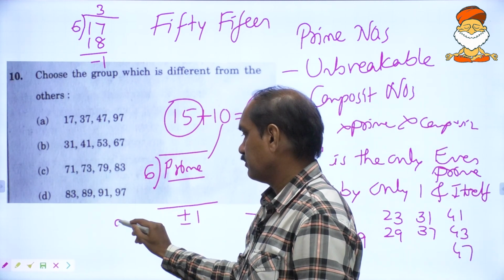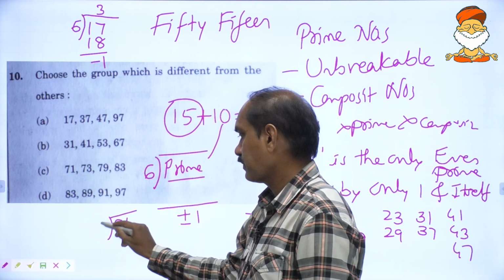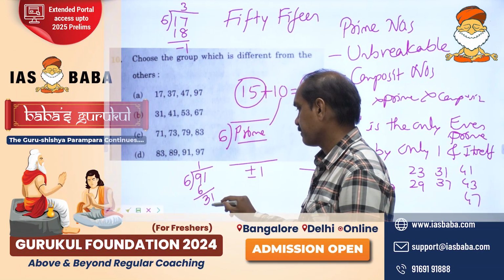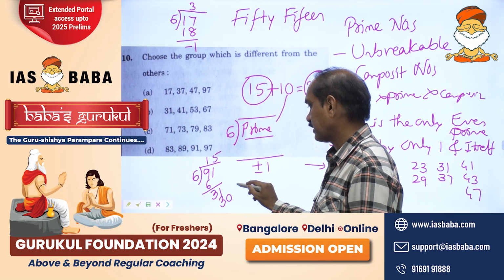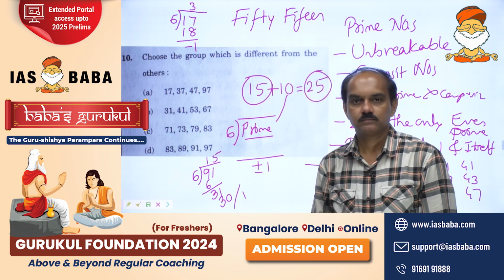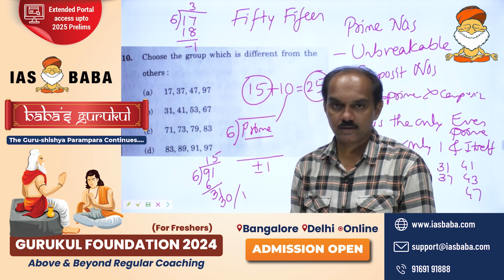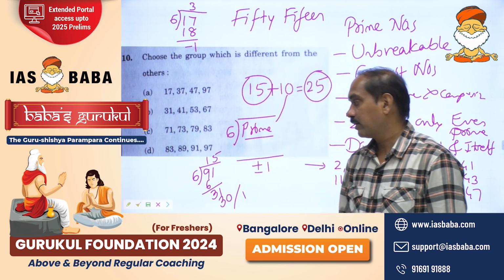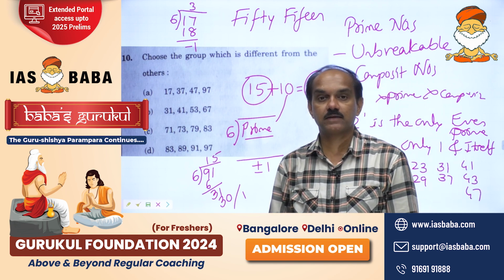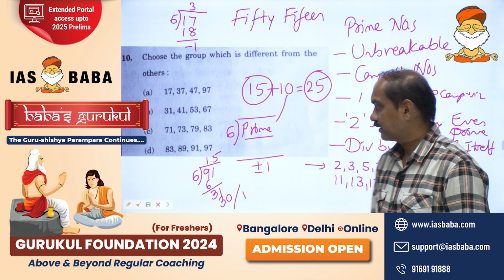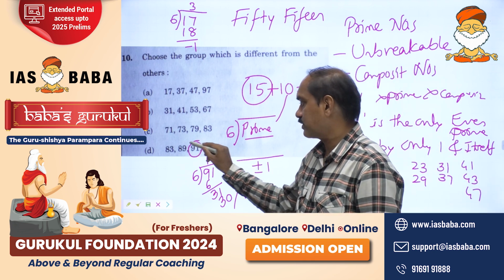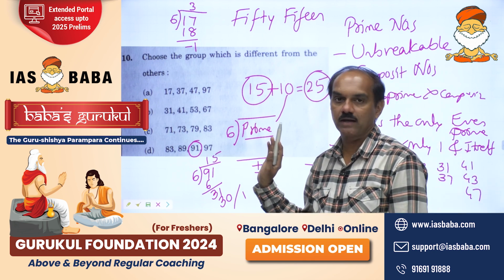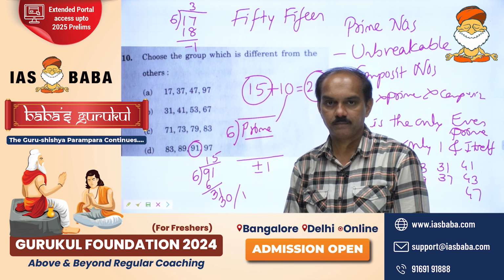So 91. 6 ones are 6, 6 fives are 30. Okay, but 91 is not a prime number. 91 is a composite number because 13 sevens are 91, right? That is the reason I said this is not the method to check whether the given number is prime or not.